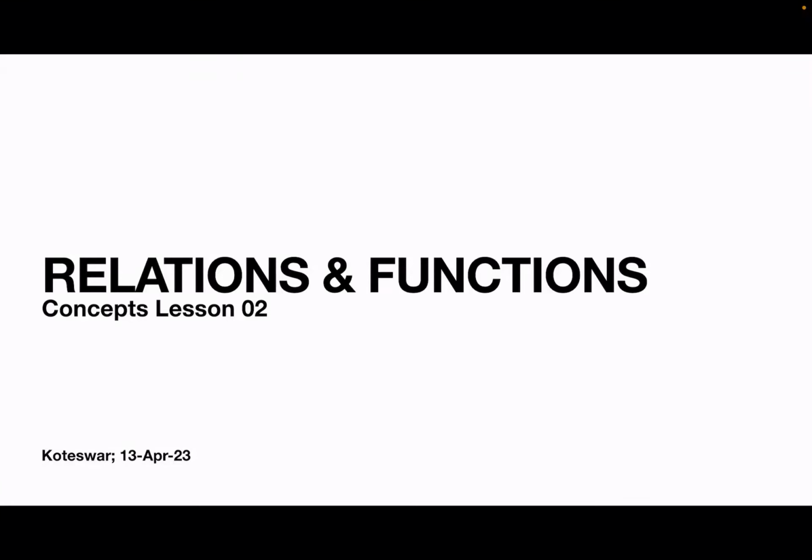Okay, and then we have this idea of relation. So from the Cartesian product's elements, if you take only some of them which have some meaning, that forms the relation. It is again a set.